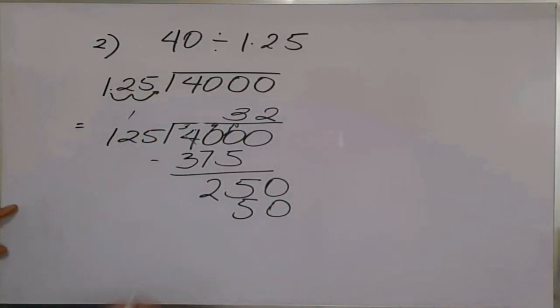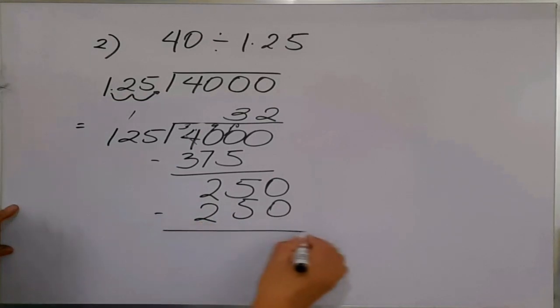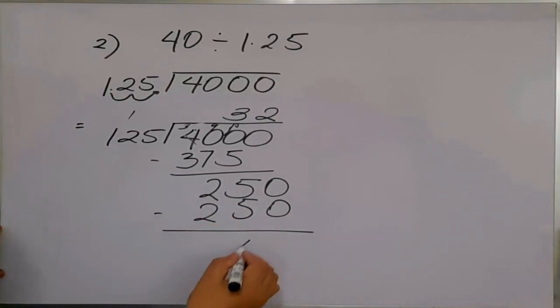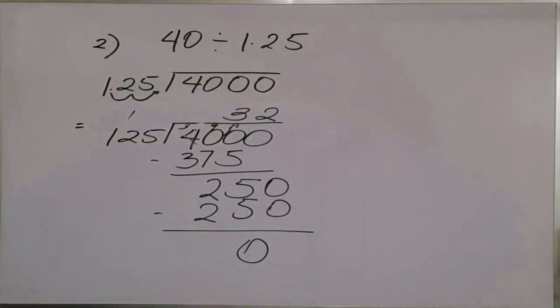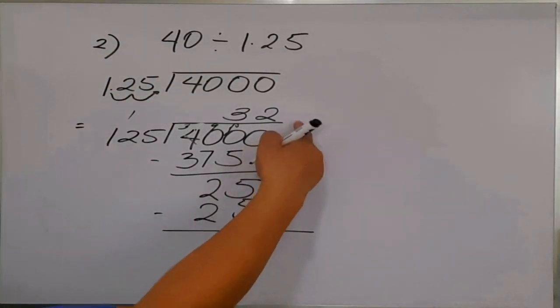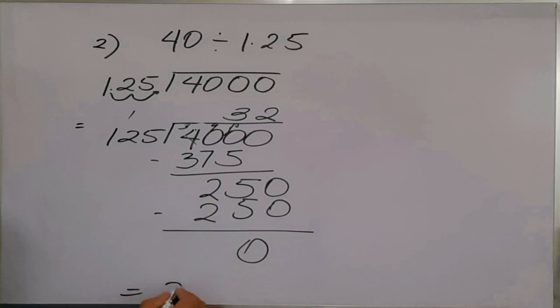And 2 times 1 is 2. We subtract. 250 minus 250 is 0. Therefore, 40 divided by 1.25 is equal to 32. Your answer is 32. Let's take another example.